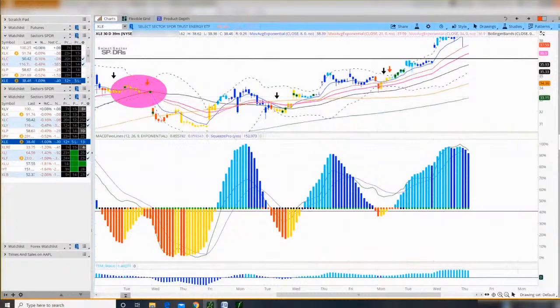So we are in the buy zone. Now, look at this. The red fired to the black. That's firing. So you can say, okay, the red fired to the black. That's a high probability that the black's going to fire to the green.